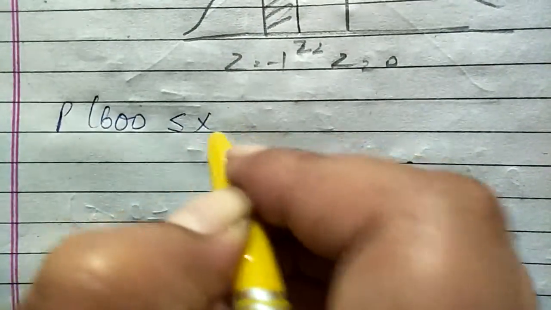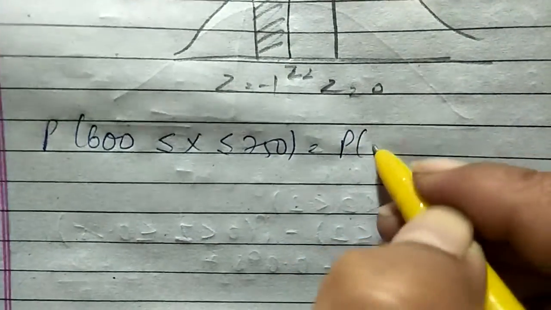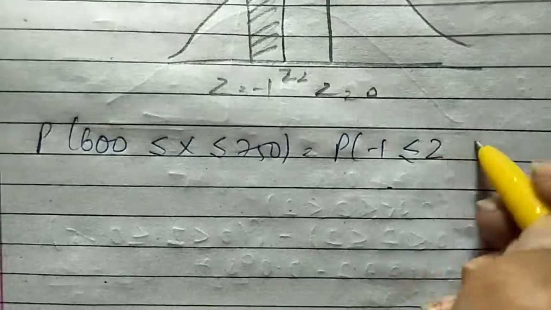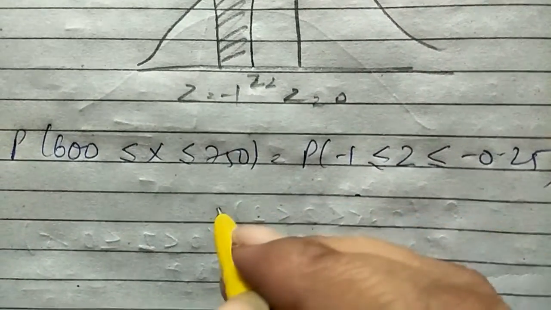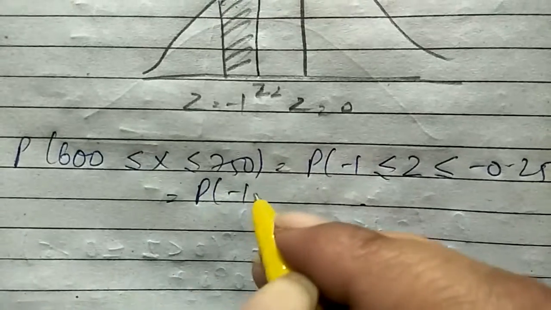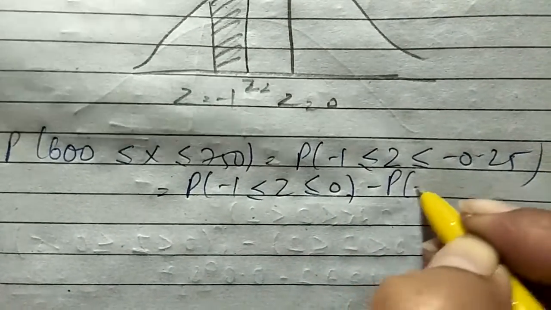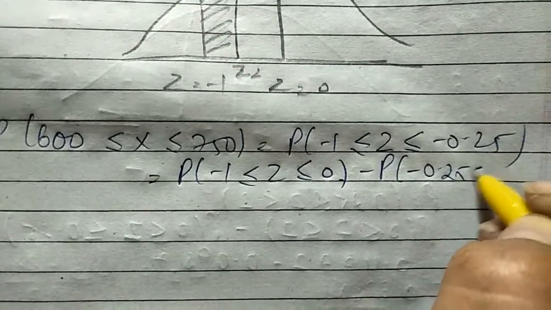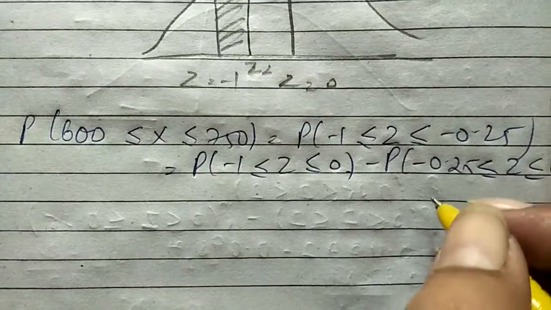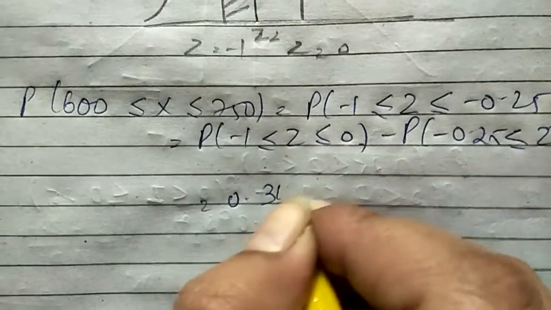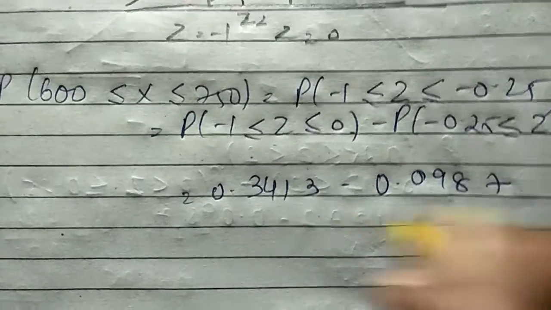So now P(600 ≤ X ≤ 750) is P(minus 1 ≤ Z ≤ minus 0.25), that is equal to P(minus 1 ≤ Z ≤ 0) minus P(minus 0.25 ≤ Z ≤ 0), that gives us 0.3413 minus 0.0987.